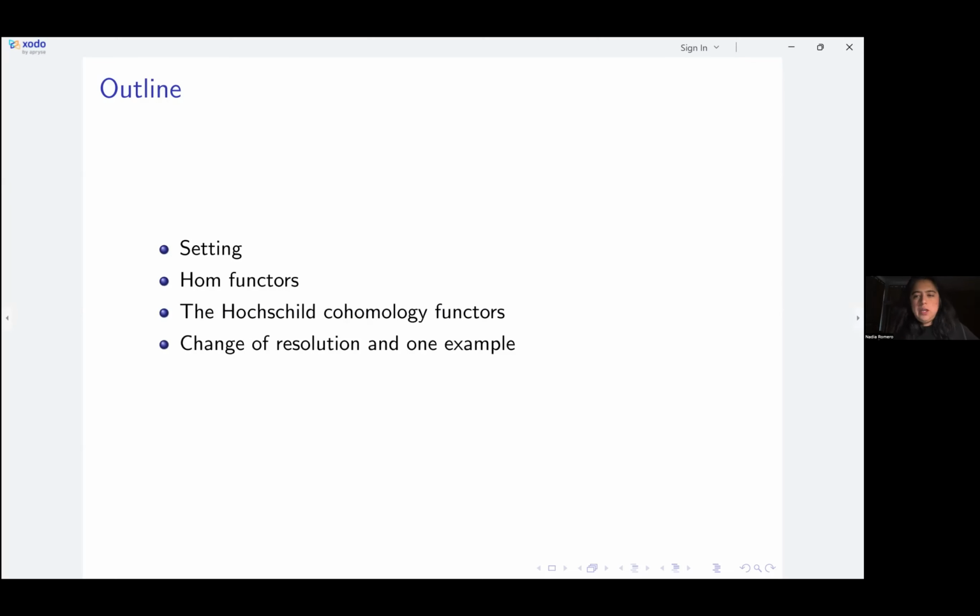I'm going to say how we change resolutions in this context, and so I can give you an example. And then I'm going to just give you a list of classical results we can recover in this context I'm working on.